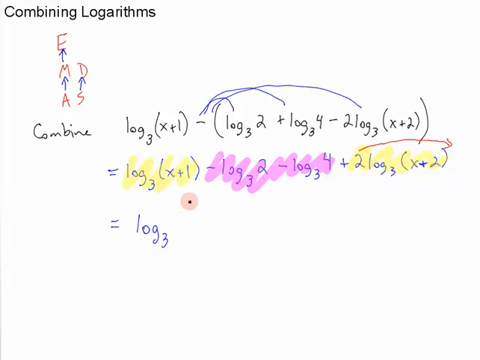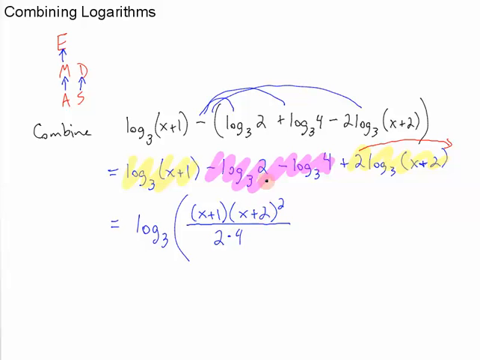So we end up with log base 3 of, on top I'll have x plus 1 times x plus 2 to the second power, because plus becomes multiplication, and multiplication becomes an exponent, and this is all over 2, because log base 3 of 2 is division since it was subtraction before, and then the 4 is multiplication as well.